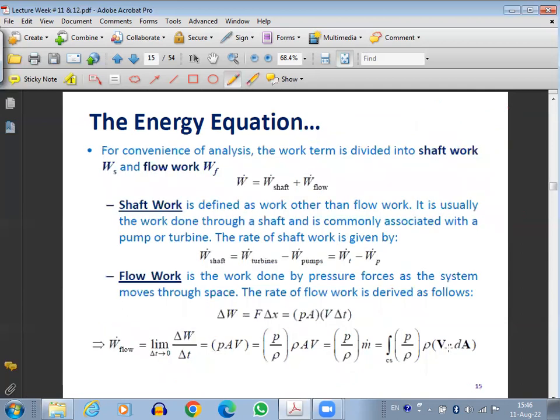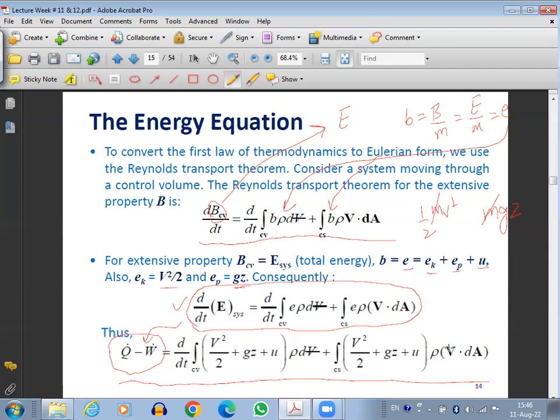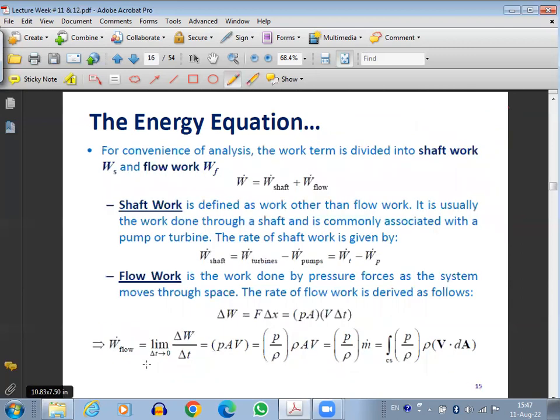Now further, let's discuss a little more about this W dot, the work. This is the net work done by the system. When we talk about the net work done by the system, there are two forms of work we are interested in. One is the shaft work, the other is the flow work. The shaft work is the work done by a shaft because of its rotation. Either in the case of a pump or a turbine, it's always shaft work.